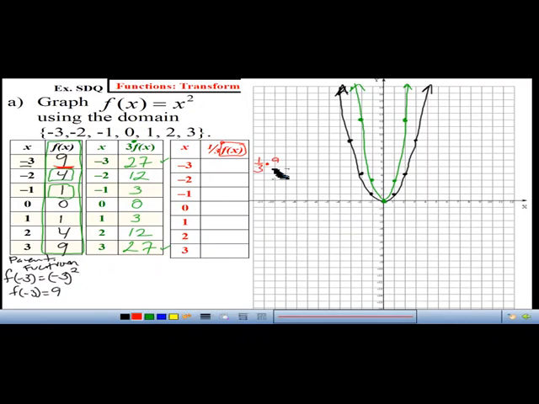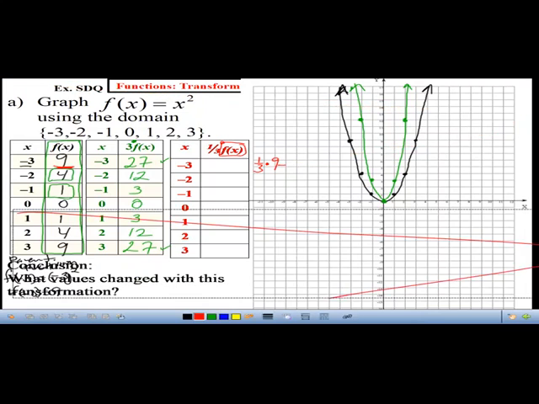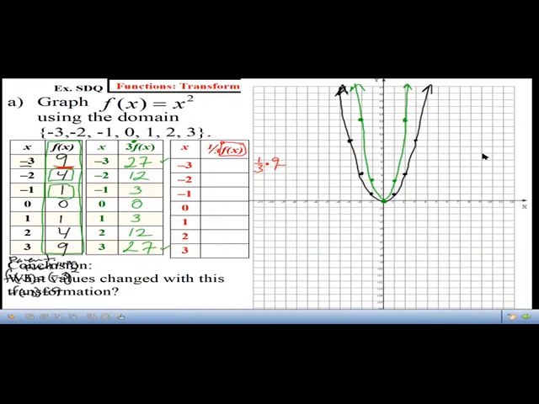So I need to multiply 1/3 times 9, which is 9/3, which is 3, and that goes right there.